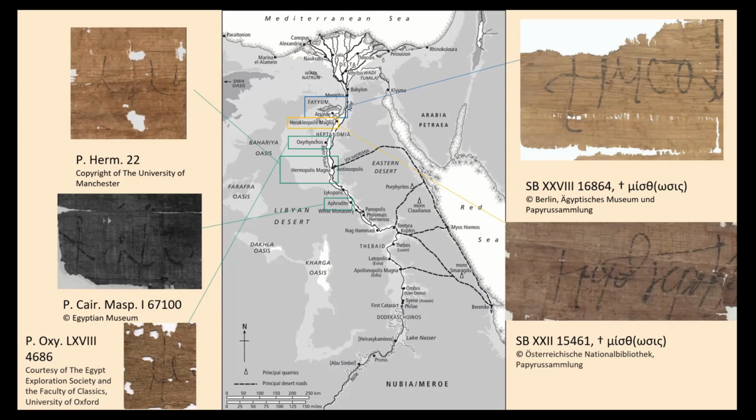However, I would like to underline that while in the documents from Hermopolis this monogram form is basically the only way in which Misthosis was abbreviated, the same is not true for Aphrodito and especially for Oxyrhynchos.